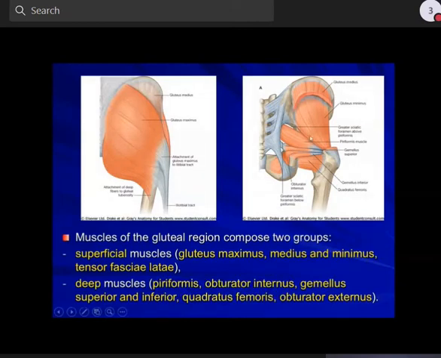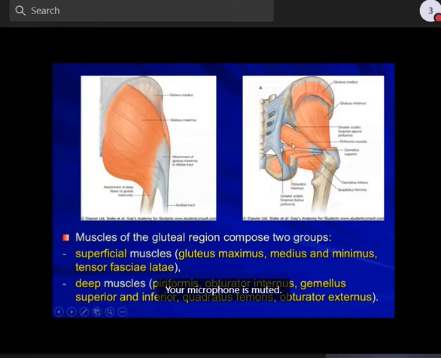All these deep gluteal muscles are positioned behind the hip joint. So they extend the hip. And just here, through the superior margin of the trochanter major, passes the fulcrum.